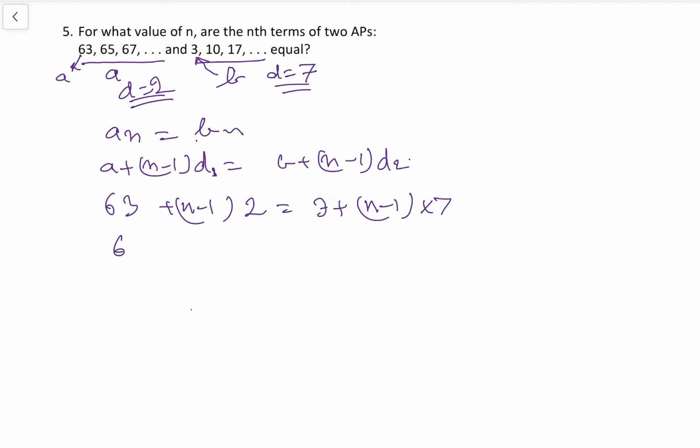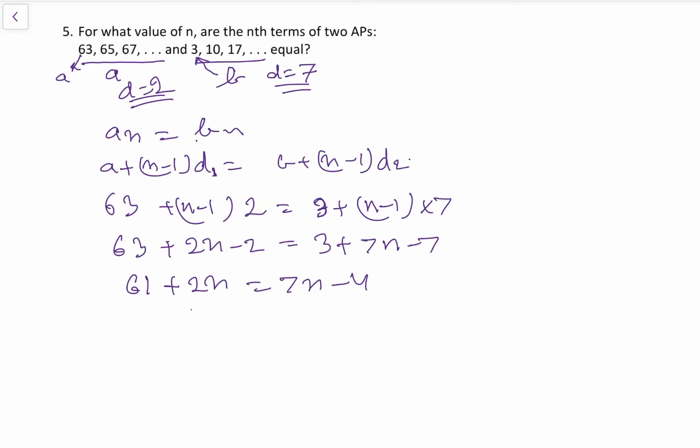Into 7. 63, if we simplify, plus 2n minus 2 is equal to 3 plus 7n minus 7. 61 plus 2n is equal to 7n minus 4.